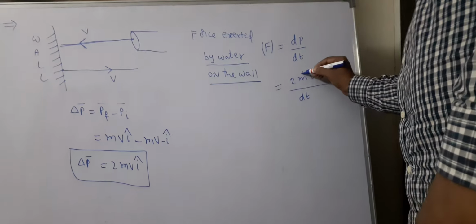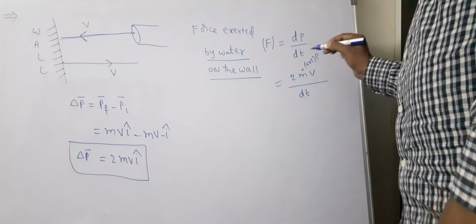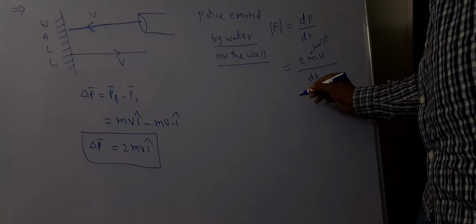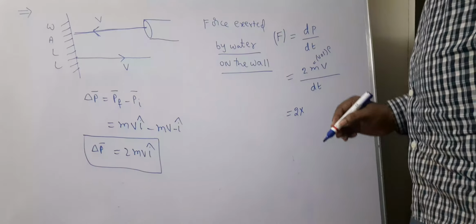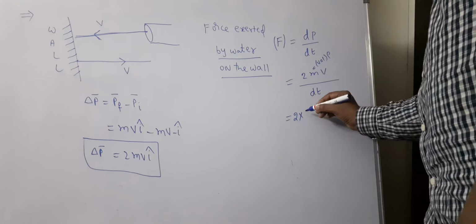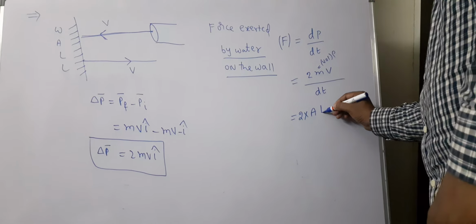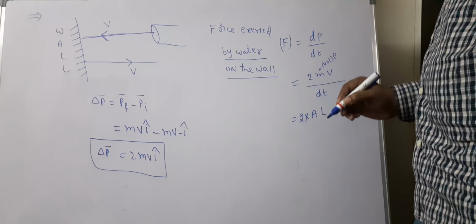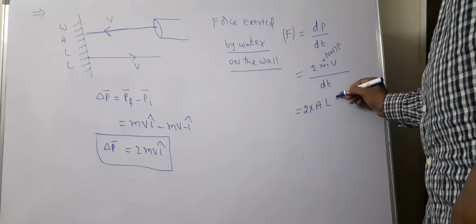Here mass is written as volume of the water times density of the water. Volume is the cross-sectional area of the pipe times the distance traveled by the water, so volume is A into length.